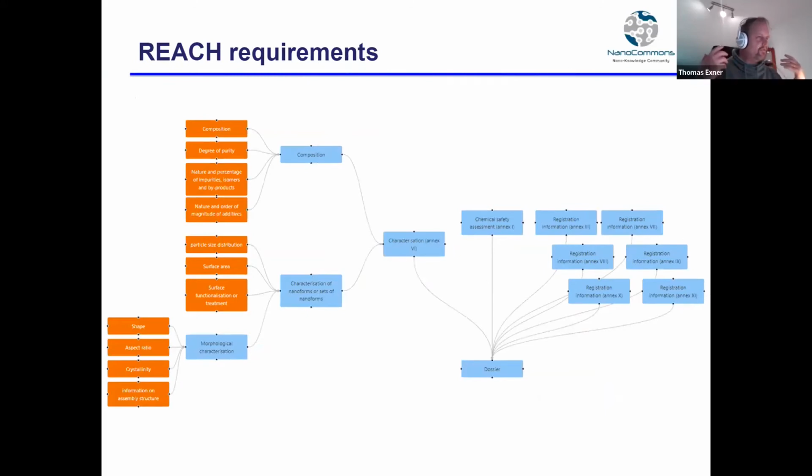Finally, we were thinking, can we also use that to guide people more? We were looking at a REACH example, where you have all these information requirements. If I'm a small SME and it's the first time I've heard about REACH, I can go there and say, oh my God, shape, size, surface area, and I still have to look at reactive functionalization and treatment, something like that.